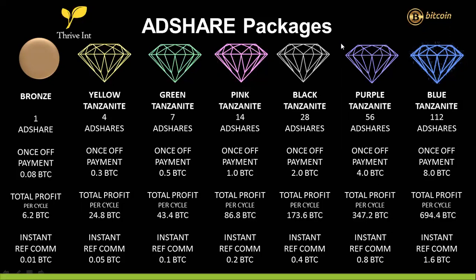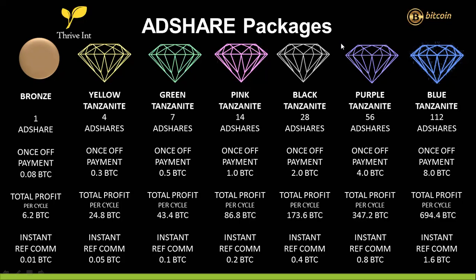But here's the big thing, that Thrive International actually gives us the opportunity to earn an instant referral commission, and that's quite important. You can actually change your current cash flow situation by just introducing people to the system. And as soon as that person signs up and pays for his package, your instant referral commission would be available to you.